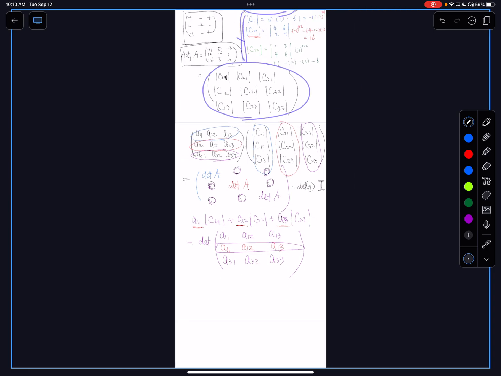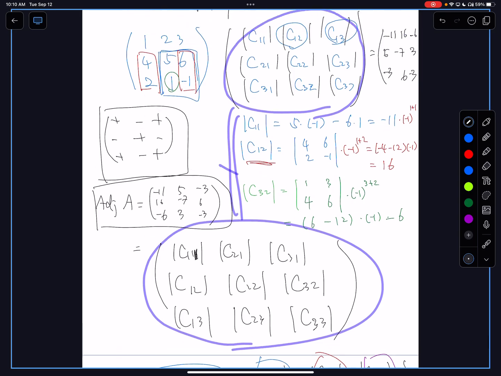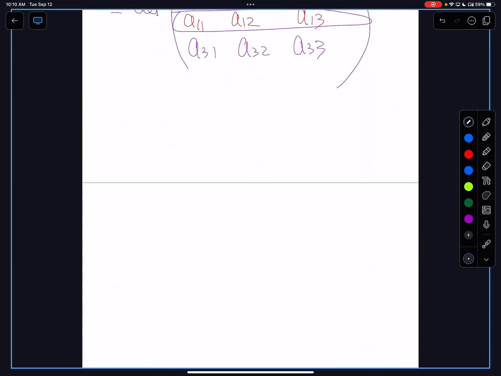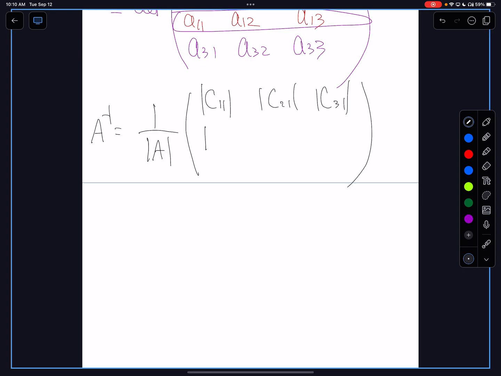So we just found that the inverse matrix, A inverse, is going to be 1 over the determinant of A, pre-multiplied, and then we get the inverse matrix.